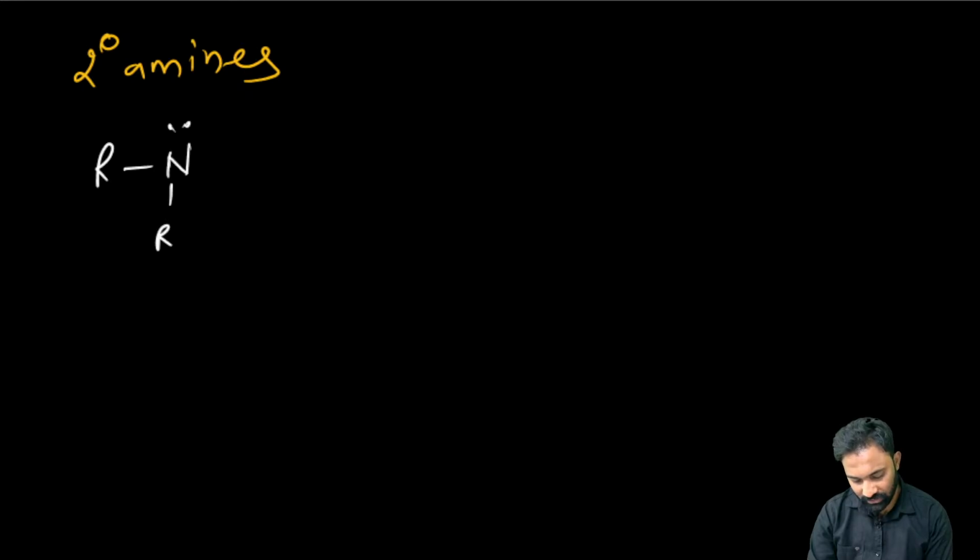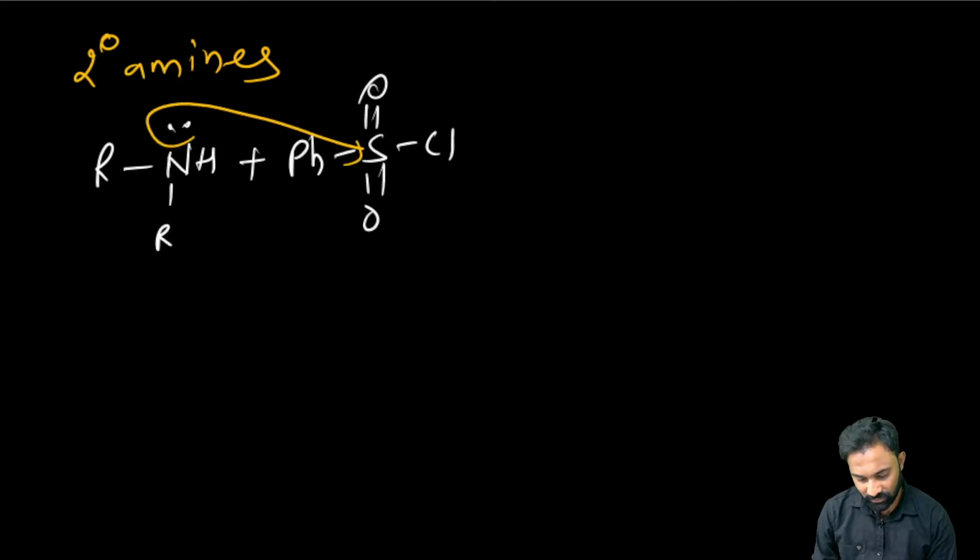Now this is a 2 degree amine. Now 2 degree amine upon benzene sulfonyl chloride. Now this lone pair of electrons will be given to the sulfur, and the chlorine, being the good leaving group, will be eliminated.